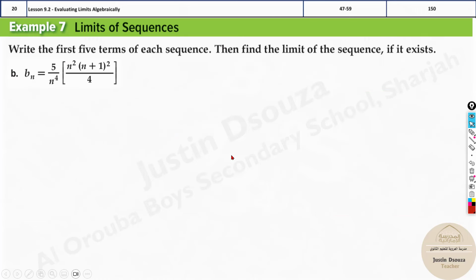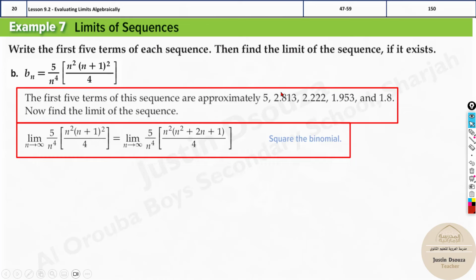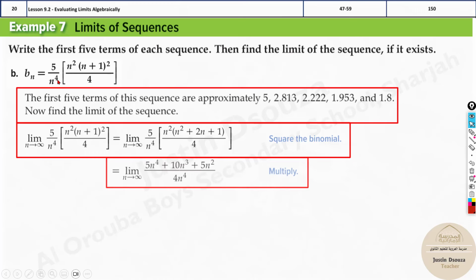That's what it means. Here, another problem, same concept. Find a few terms. Now over here, what you do is divide by the highest degree. Before you divide, you can simplify as much as you can. You can use the power rule: (n plus 1) the whole squared is a squared plus b squared plus 2ab, so n squared plus 2 times n into 1, plus 1.